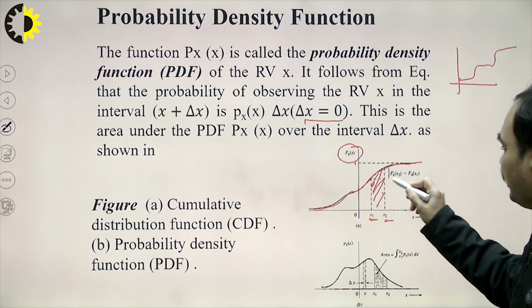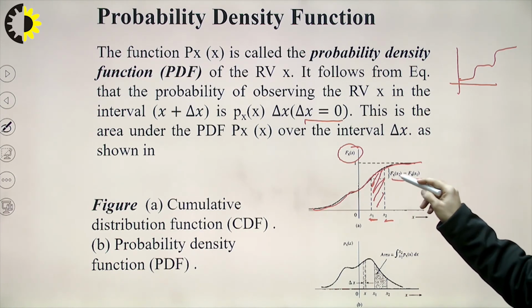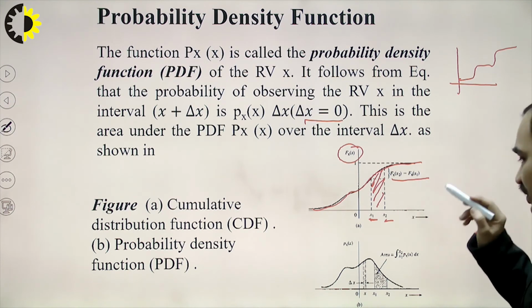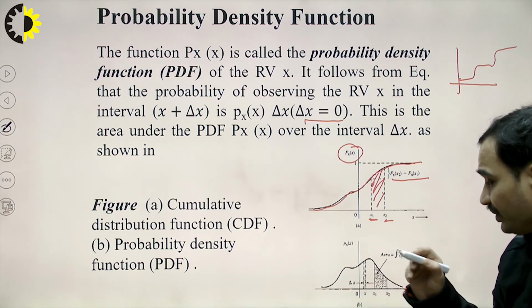Here you can see the cumulative distribution function of x2 minus the cumulative distribution function of x1. But for the probability density function, we are going to differentiate it.